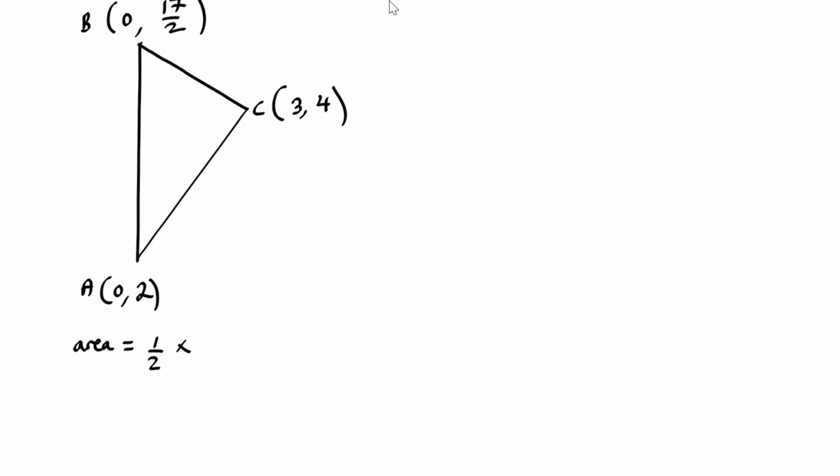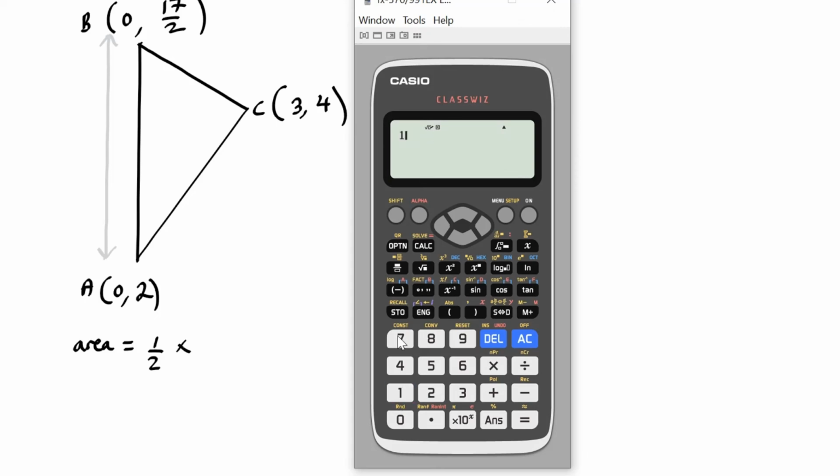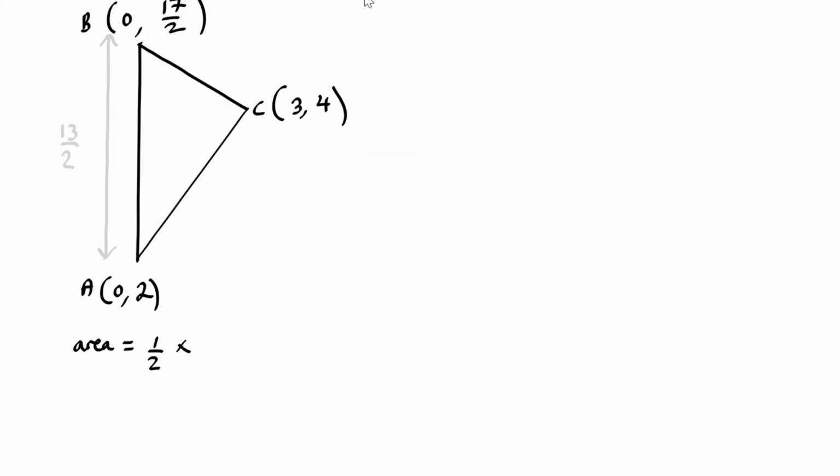Now, the base over here is going to be this distance here. So that is going to equal 17 over 2 minus 2, which is 13 over 2. And the height over here is going to be 3, because we're going from x equals 0 to x equals 3.